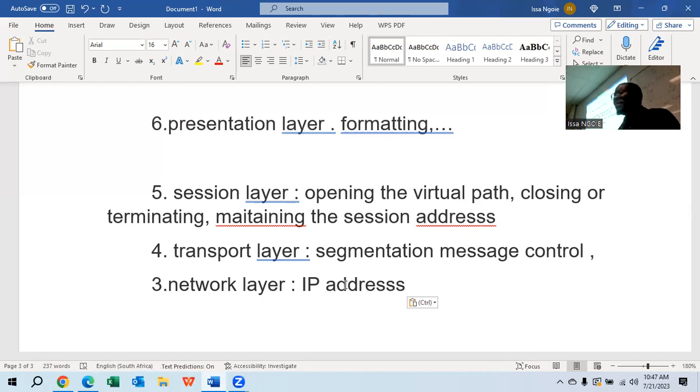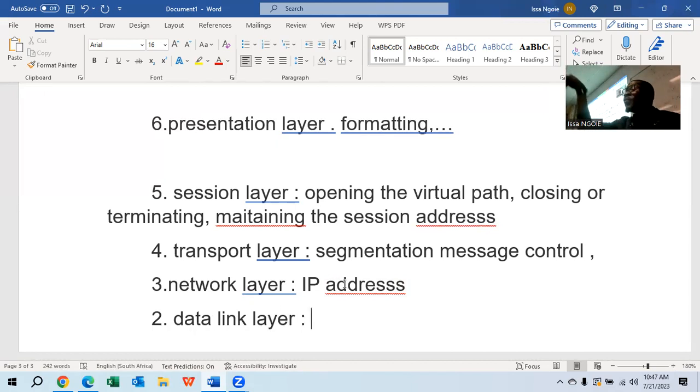All right? Now, after finding the network, how am I gonna know that it's Cisco's computer? Because of the data link layer. The data link layer will add what? Physical address or MAC address.